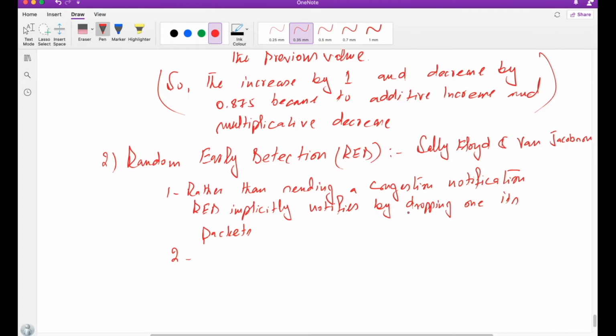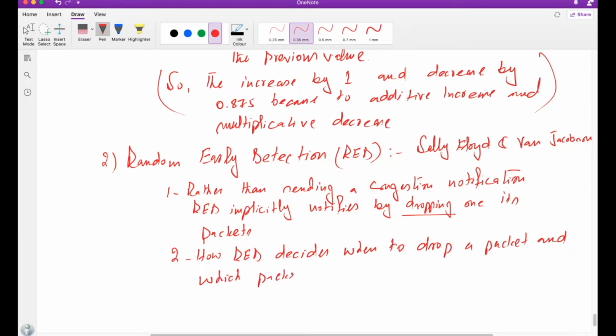So if it has to do packet dropping, the question is how RED decides, for one, when to drop a packet, and number two, which packet to drop.